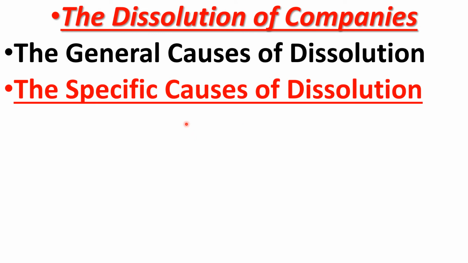Finished with nullity, and now we are talking about dissolution of the company. Dissolution means to finish or liquidate the assets, the money, the capital, and all the relationships between members and partners. There are two kinds of dissolution, general and specific causes.